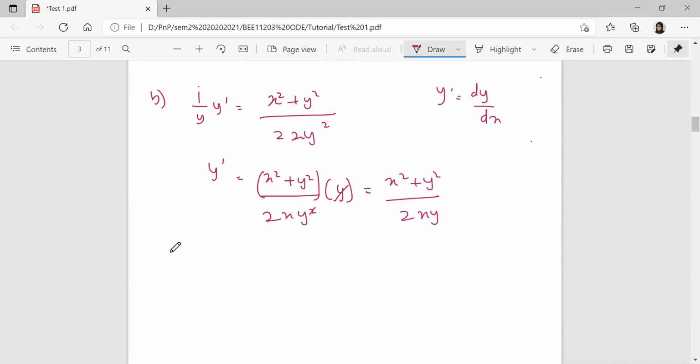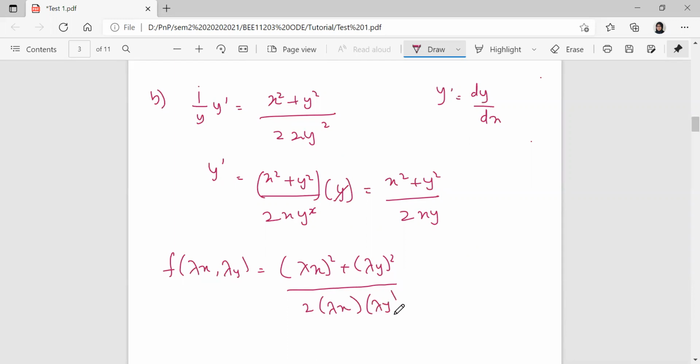We prove it using f of lambda x, lambda y, which equals lambda x squared plus lambda y squared divided by 2 lambda x lambda y.